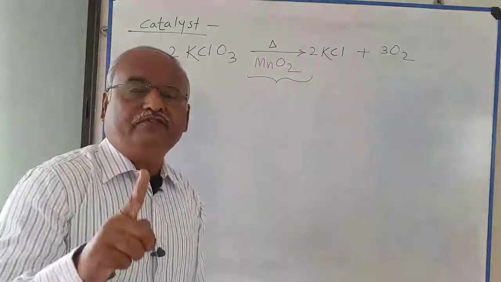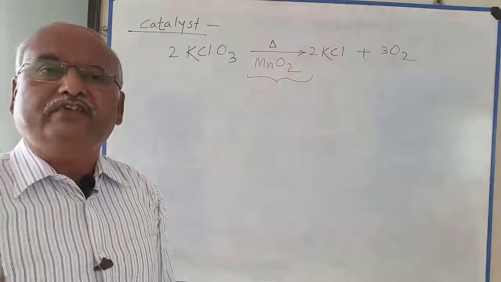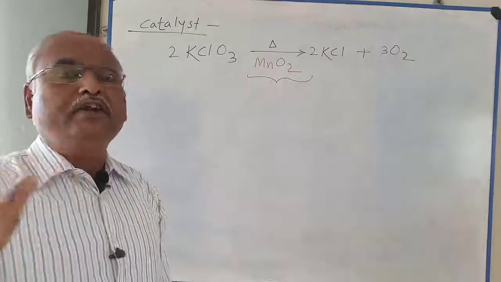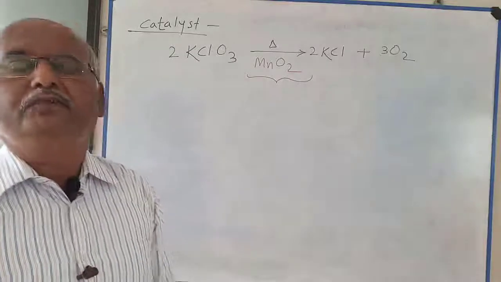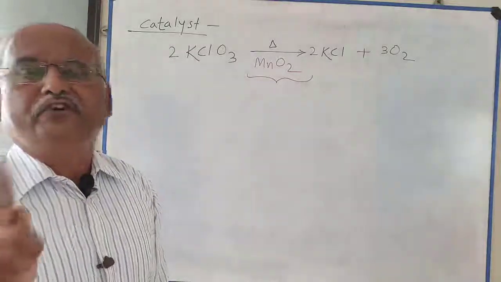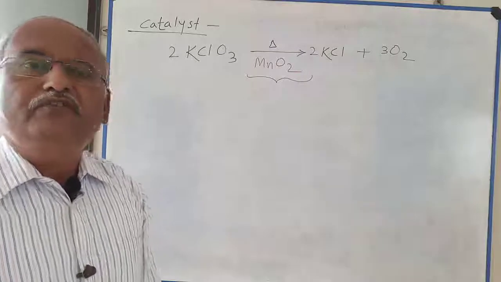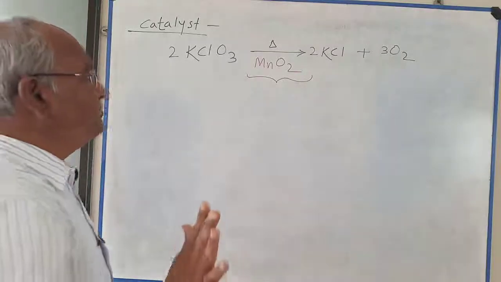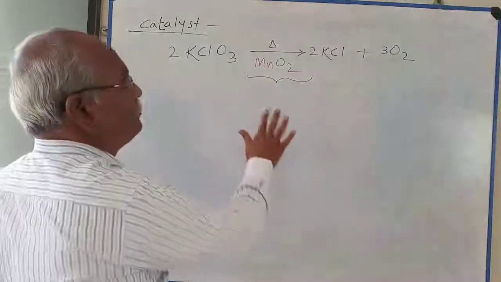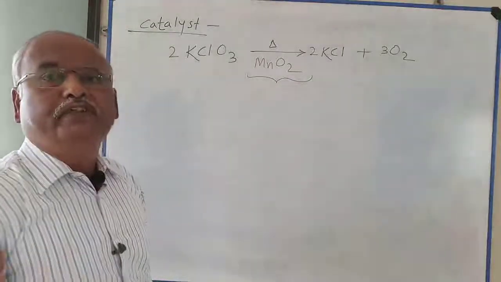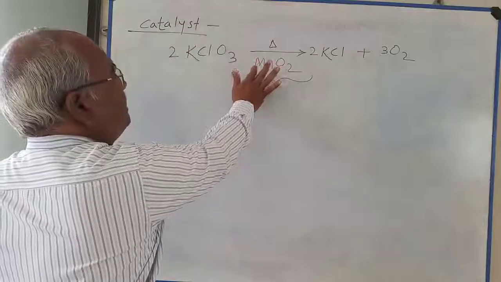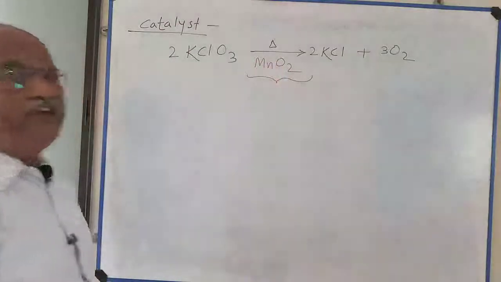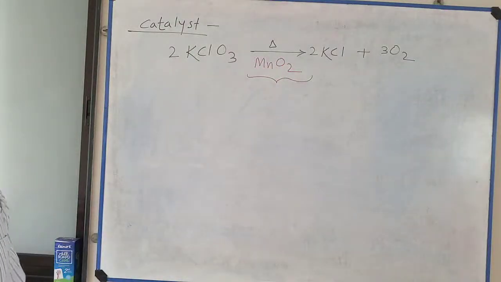The substance which increases the rate of the reaction without being consumed in the reaction is called catalyst. Manganese dioxide acts as catalyst in this reaction.